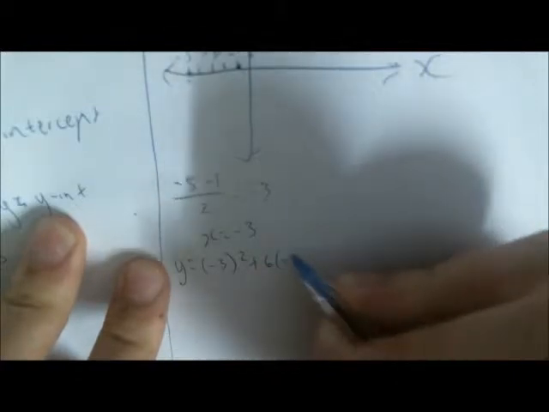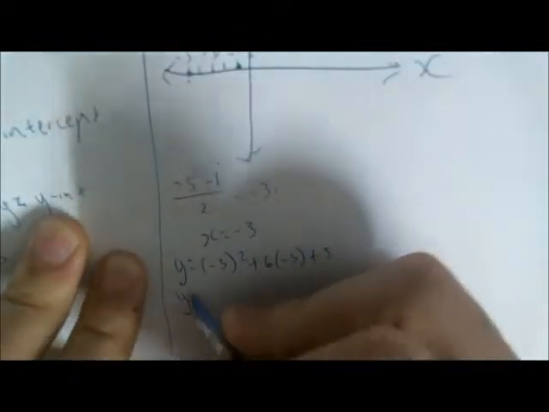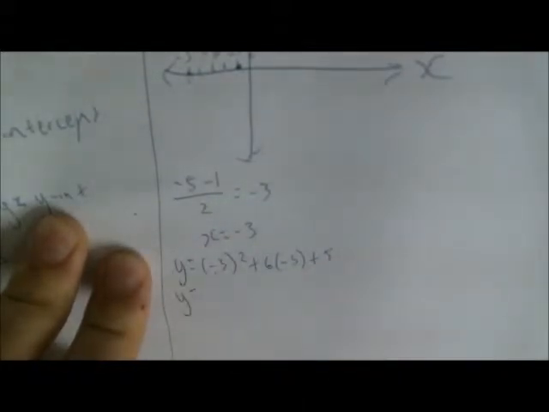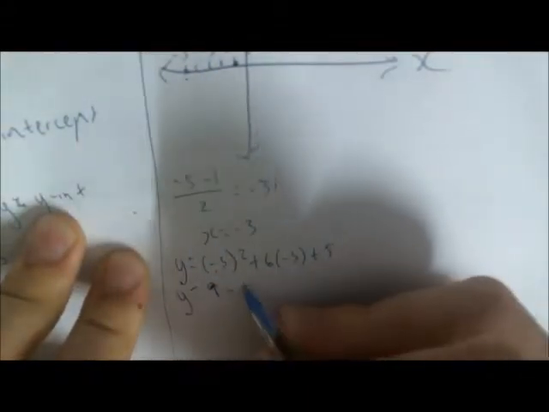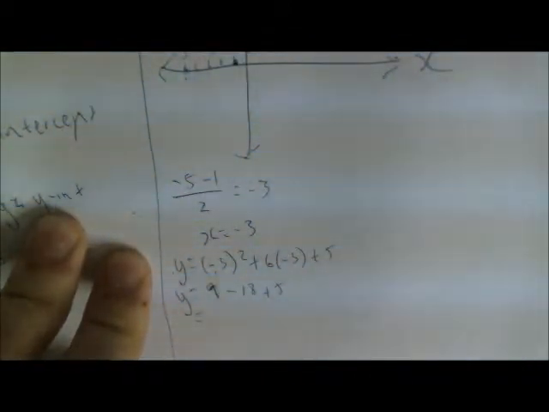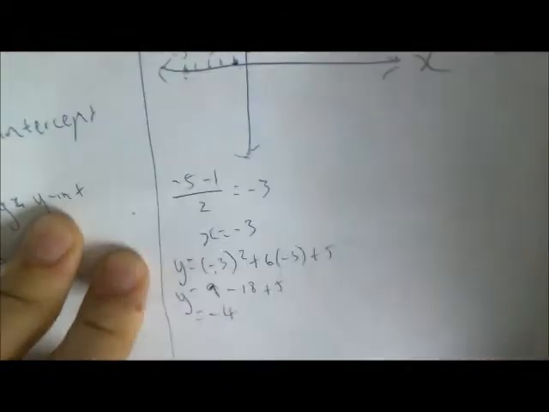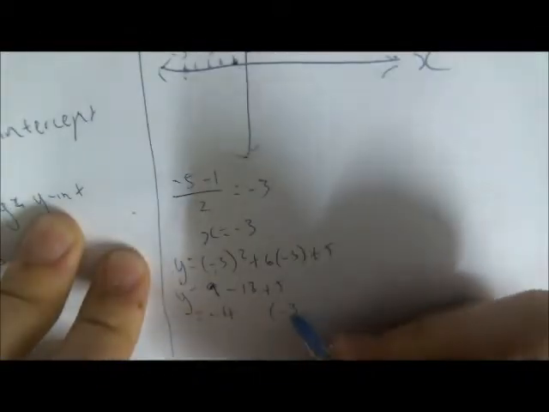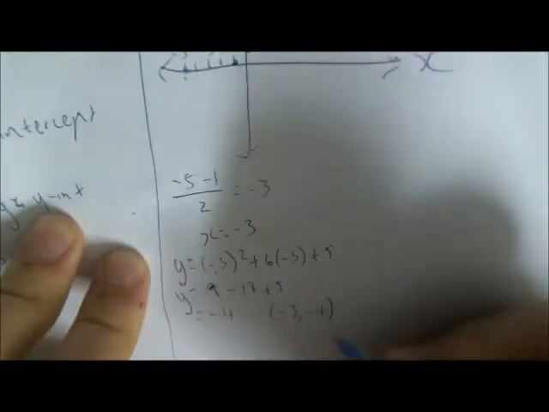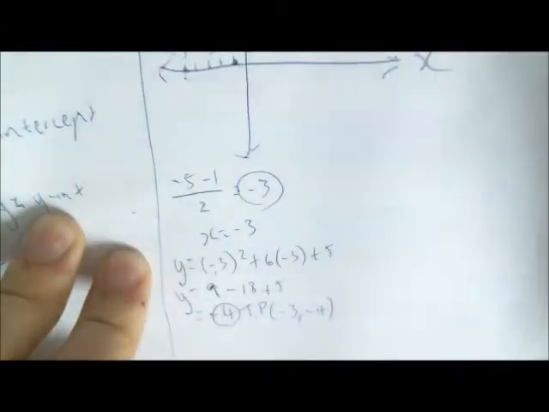So we will have y equals (-3) squared plus 6(-3) plus 5. Make sure that you put brackets around it, or else you might get the wrong answer. (-3) squared is 9. 6 times -3 is -18, plus 5, which is 9 minus 18, which is -9, plus 5 is -4. So the point (-3, -4) is our turning point. This is the x value, this is the y value.